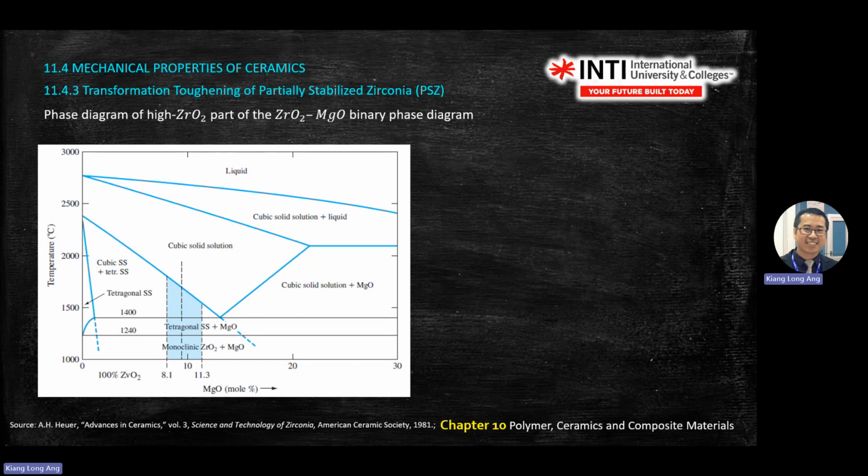For example, if the question asks about this point, 1400, you know that this one is hypereutectoid. Hypo is on the left-hand side of the V.